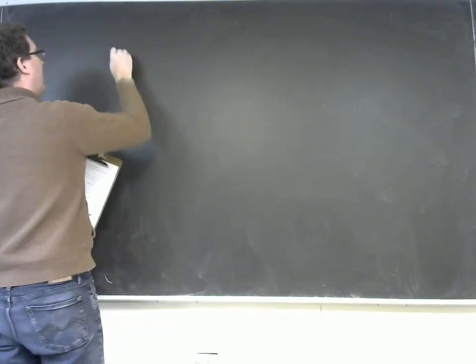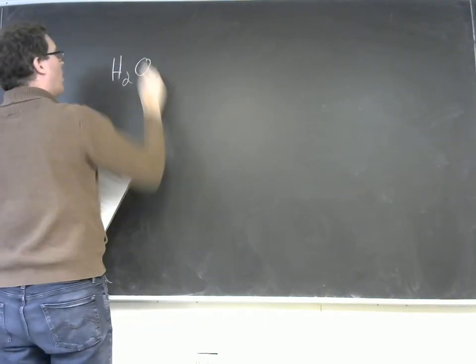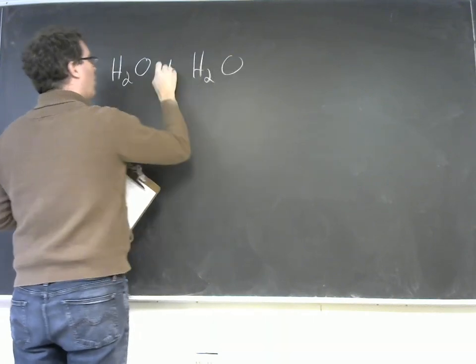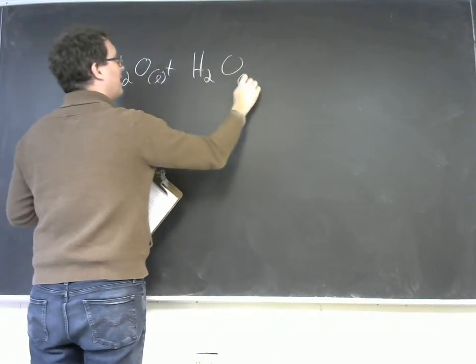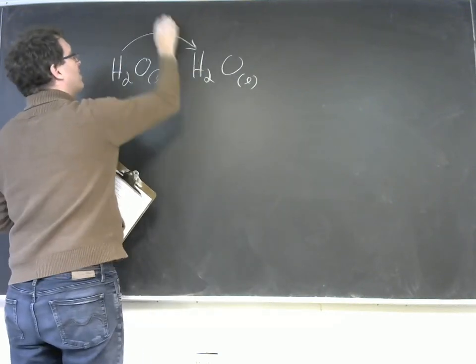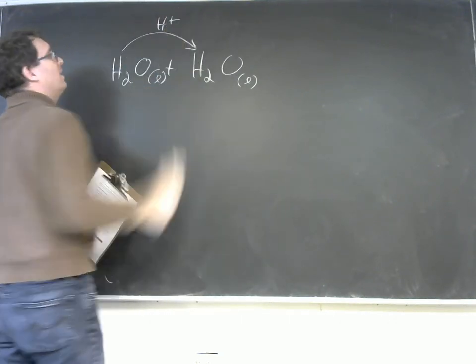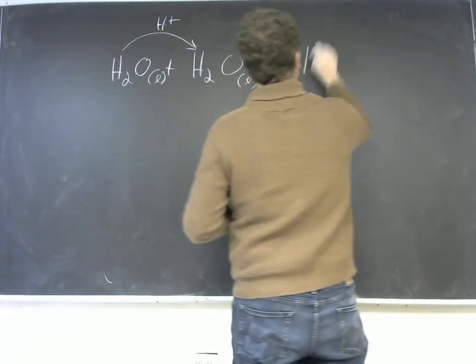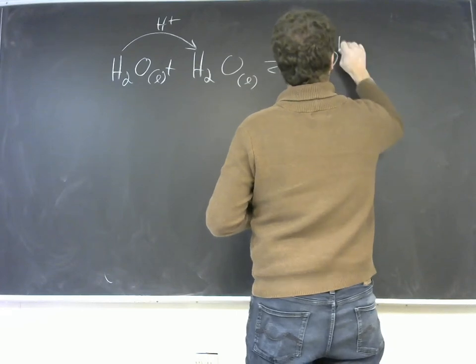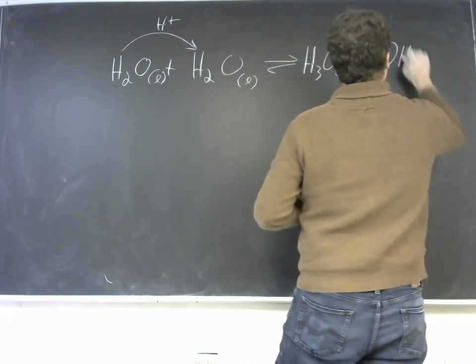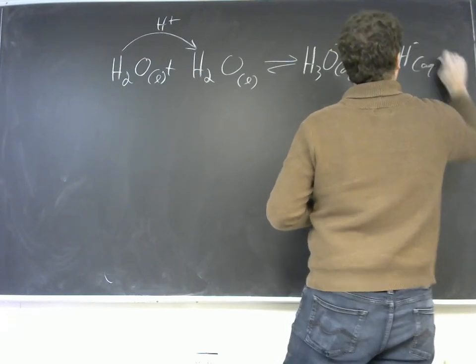If I have one water acting as an acid and one water acting as a base, so the acid is going to give an H+ to the base, then what will my products be? H3O+ aqueous plus OH- aqueous.